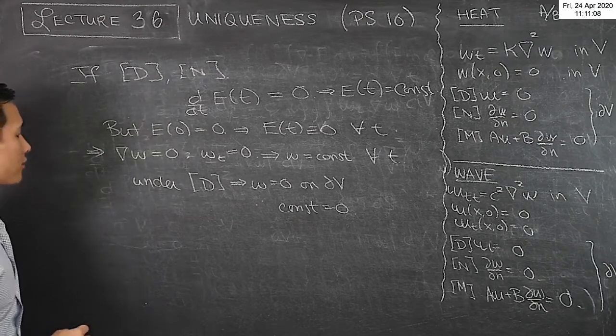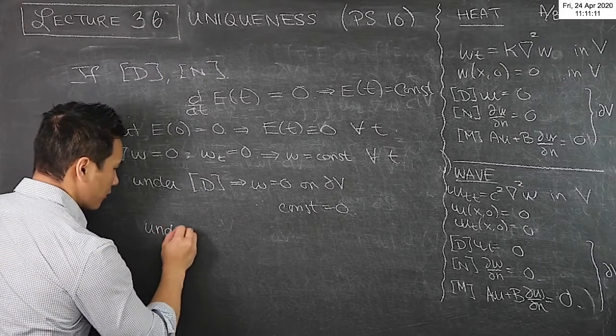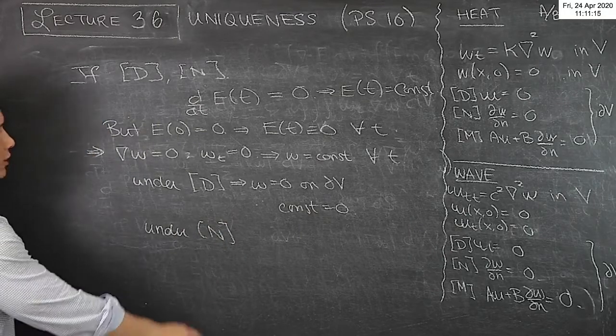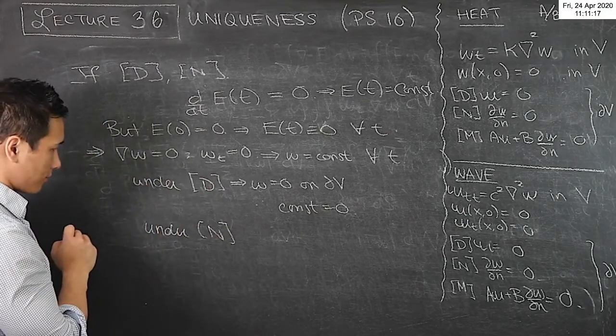Okay? Under the Neumann condition, I know that dw/dn has to be equal to 0.